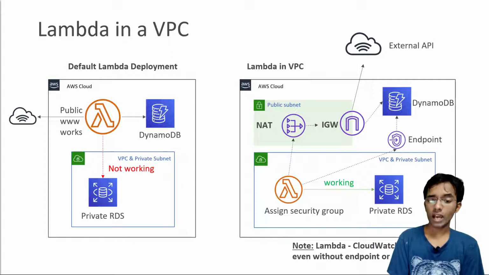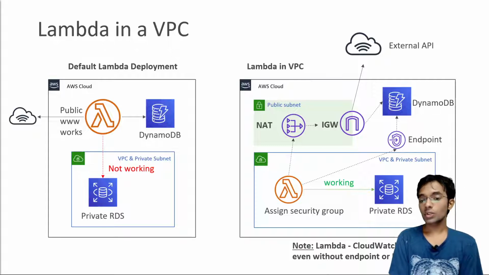But if you have a VPC and within the VPC you have a private subnet, say an RDS database, that is only accessible through a private IP, then your Lambda function cannot access your RDS database. This is not working. There will be no network routes between the AWS cloud and your RDS database.